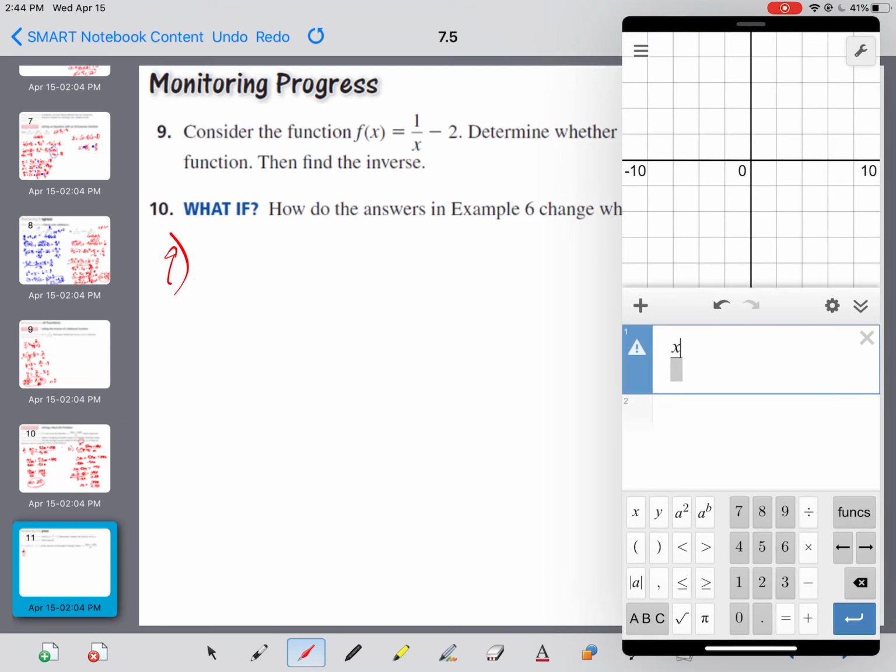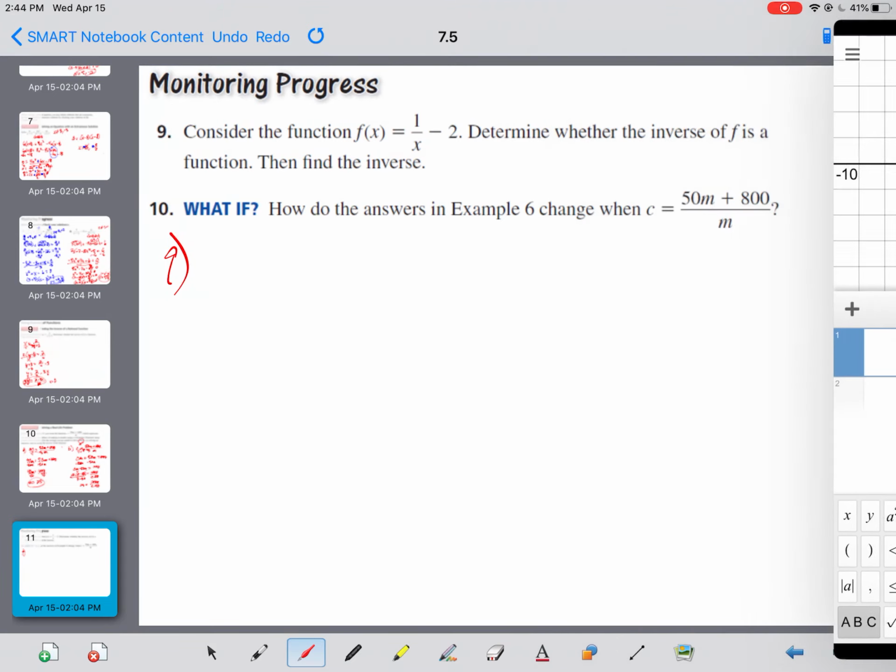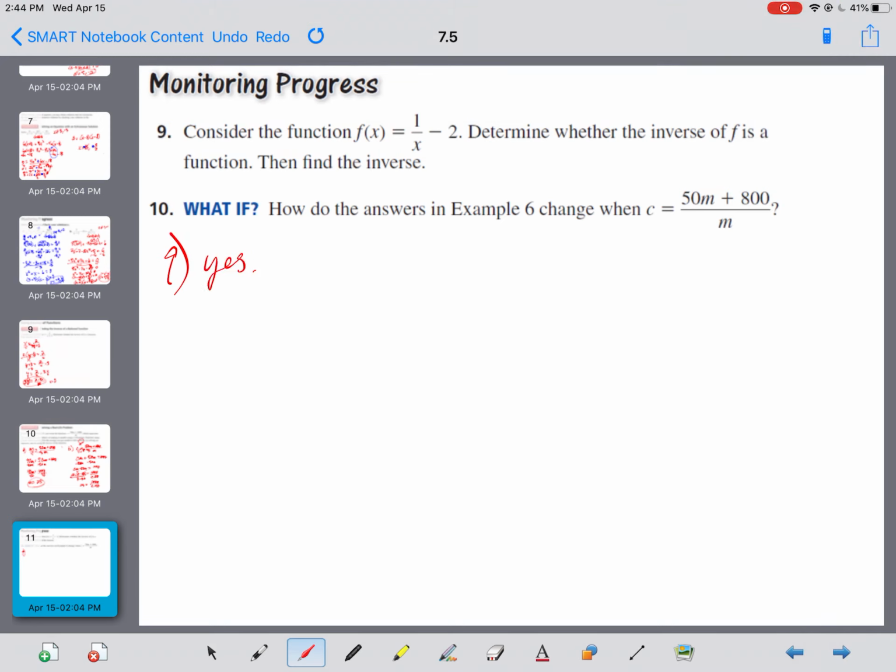All right, number 9. Consider the function f of x equals 1 over x minus 2. Let's see if its inverse will be a function. So yes.